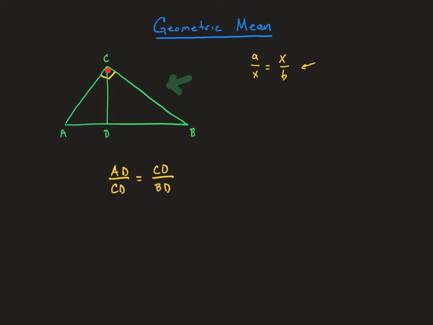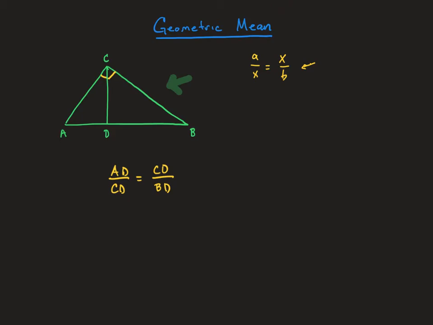Segment CD right here is going to be the geometric mean between AD and BD. So this altitude is the geometric mean between the two segments that it creates, segment AD and segment BD. So geometric mean, my altitude.